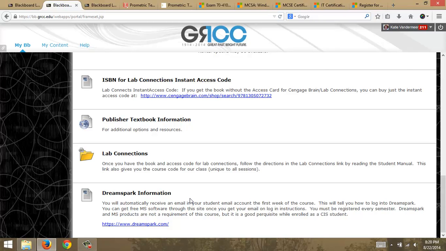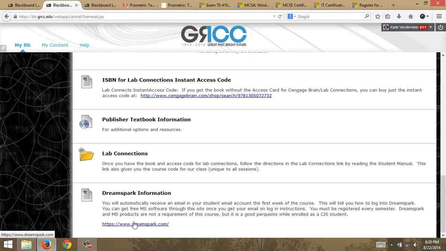This includes operating systems and network operating systems, and Windows Server is a network operating system. So I do encourage you to not only use the trial edition of the book for this course, which only lasts 120 days and is at the back of the book. You can also go onto DreamSpark and download Windows Server 2012 Data Center. There are all the editions out there.